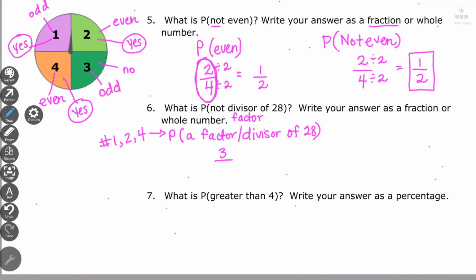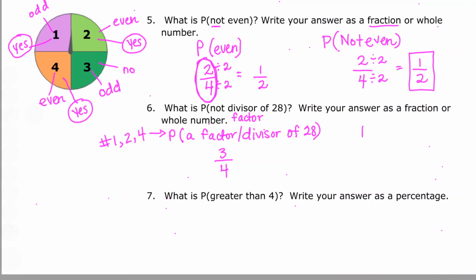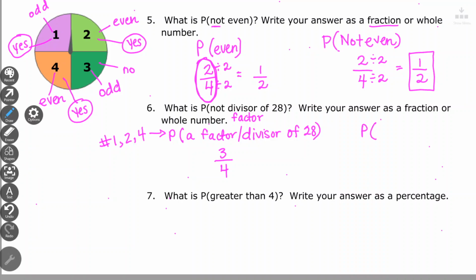Now, how many sections of the spinner are there? There are 4. But that is not what they wanted to know. They wanted to know the probability of spinning a number that is not a divisor of 28.